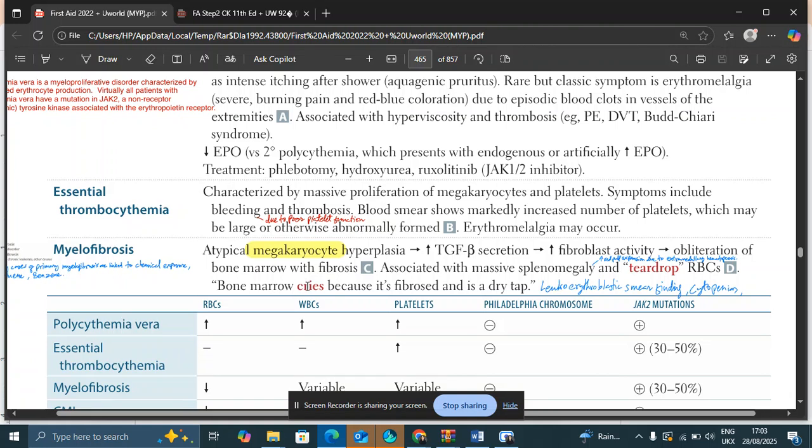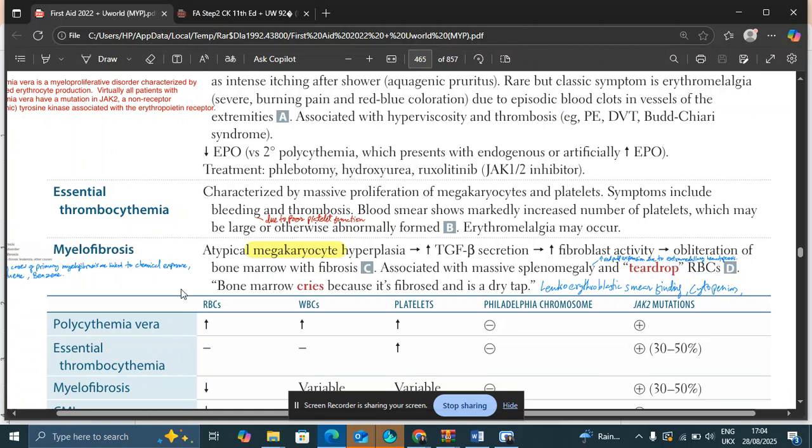When the bone marrow is not functioning, there is going to be extramedullary hematopoiesis. That is why there is massive splenomegaly, because the spleen will try to produce RBCs, WBCs, and platelets. And teardrop RBCs are a high yield finding in patients with myelofibrosis.